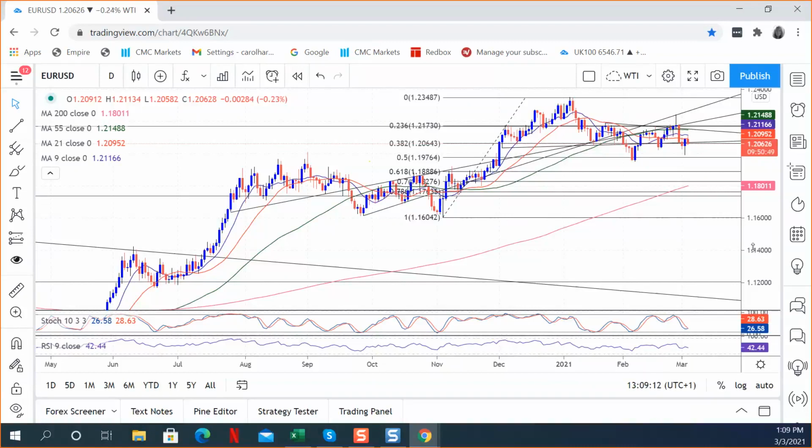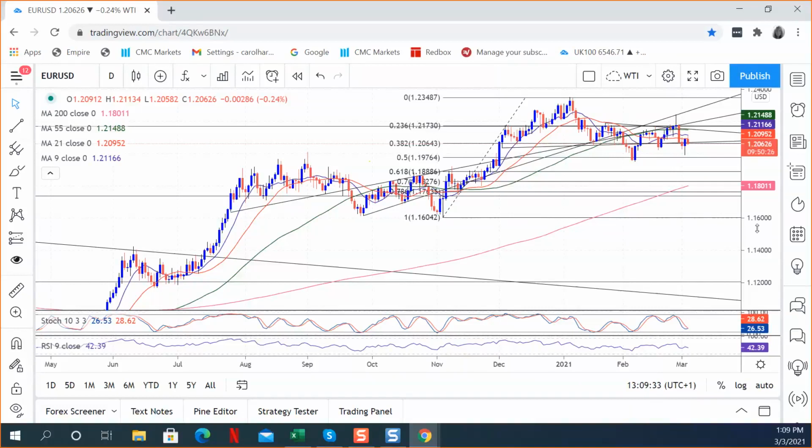And we've been stuck below the 21-day moving average at 120.95. So what does that tell you? For me, it tells you the psychology of the market doesn't want to go up. Not yet, it doesn't.